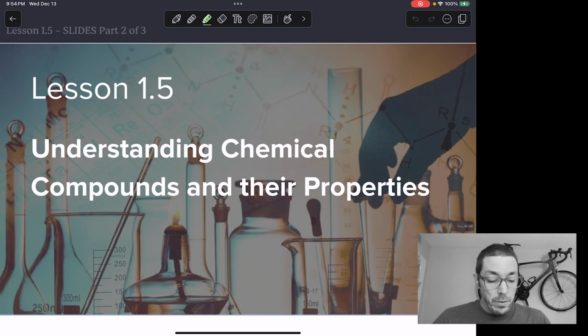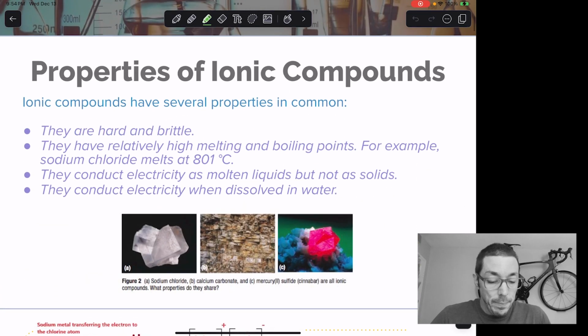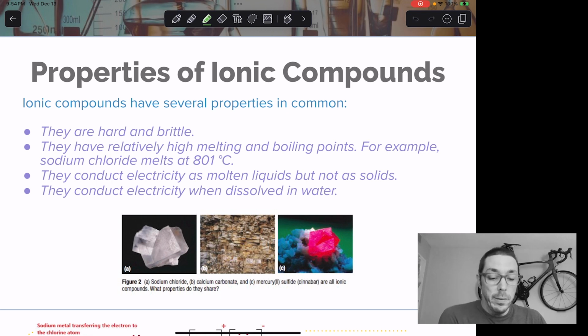So we'll start with the slides. First thing we're going to look at are properties of compounds. So we now have looked at how ionic bonds are formed, how covalent bonds are formed, and so now we want to talk about the properties of these compounds, ionic compounds and molecular compounds.